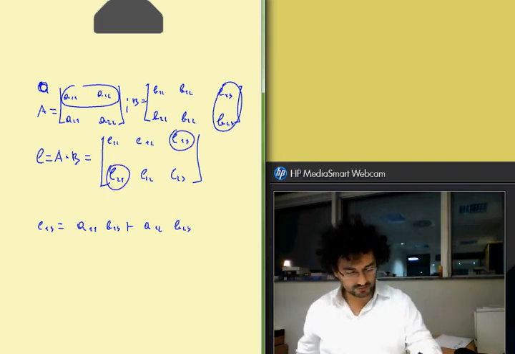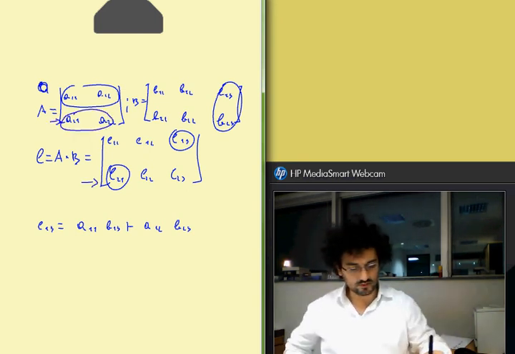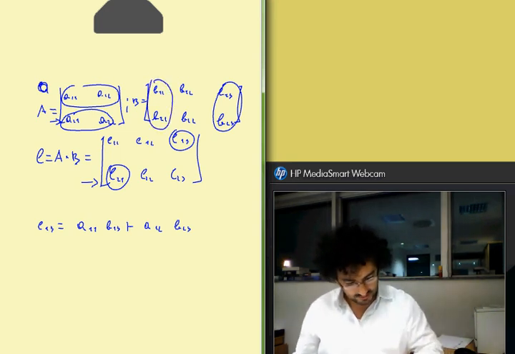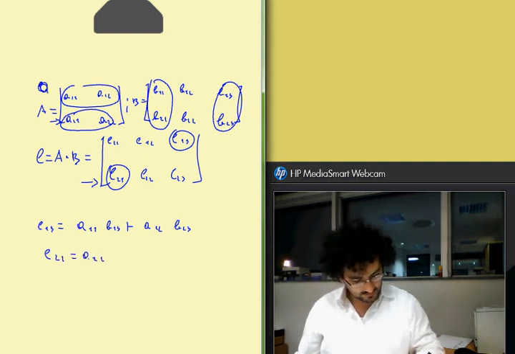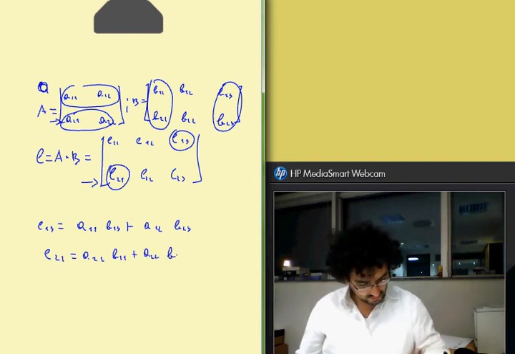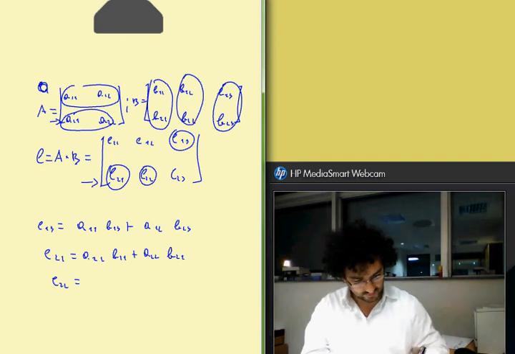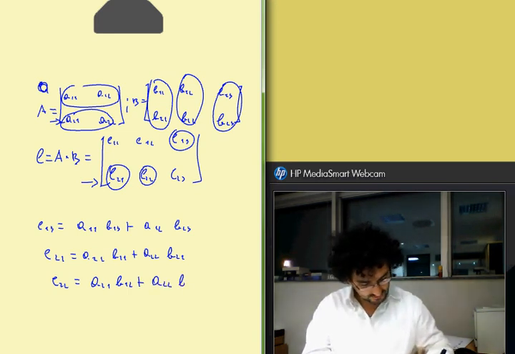In order to consider the second row of the product, we need to skip to the second row in matrix A and again consider the first column in order to get C21, which is equal to A21 B11 plus A22 B21. Then, in order to get C22, we need to consider the second column, which will be equal to A21 B12 plus A22 B22.